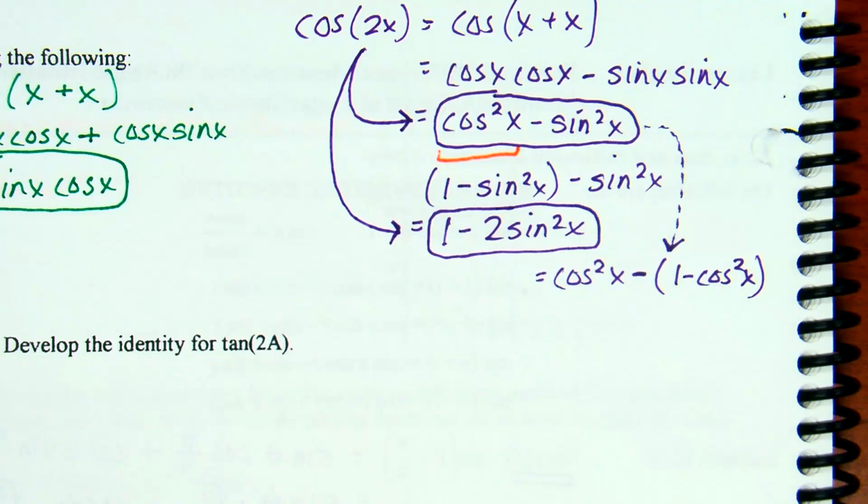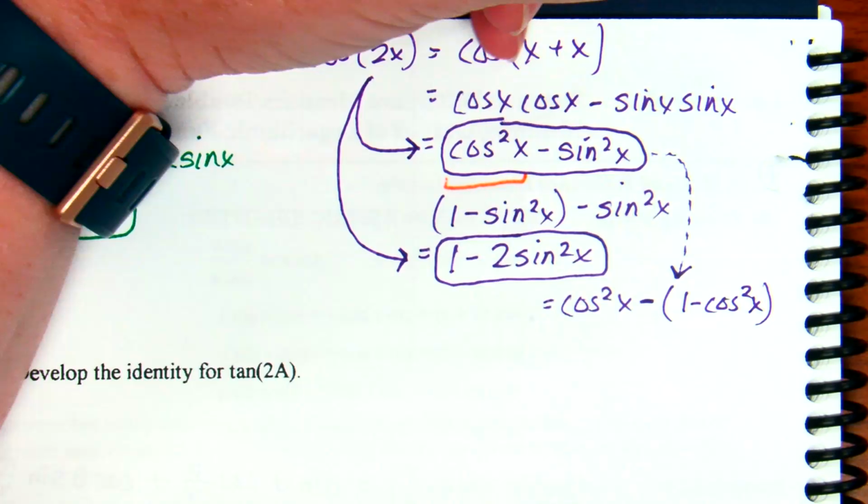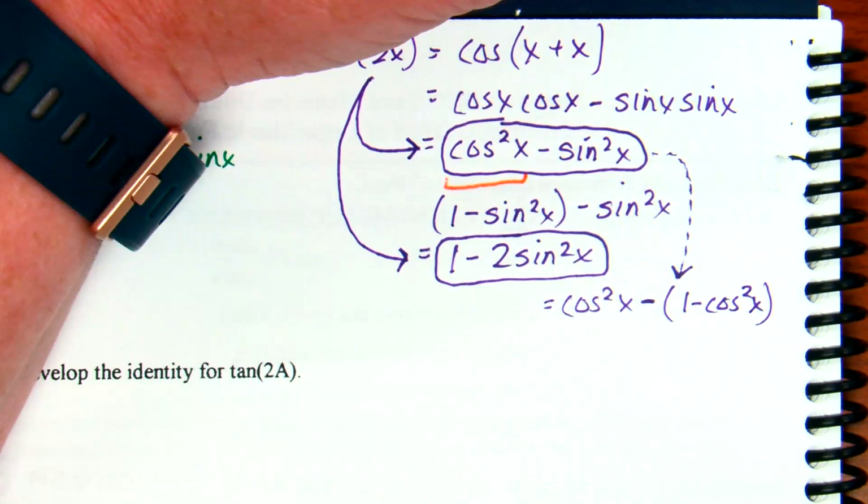And so what is cosine squared x minus the quantity 1 minus cosine squared x? You'd end up with cosine squared x minus negative cosine squared x, so plus, so it's going to be 2 cosine squared x and then minus 1.